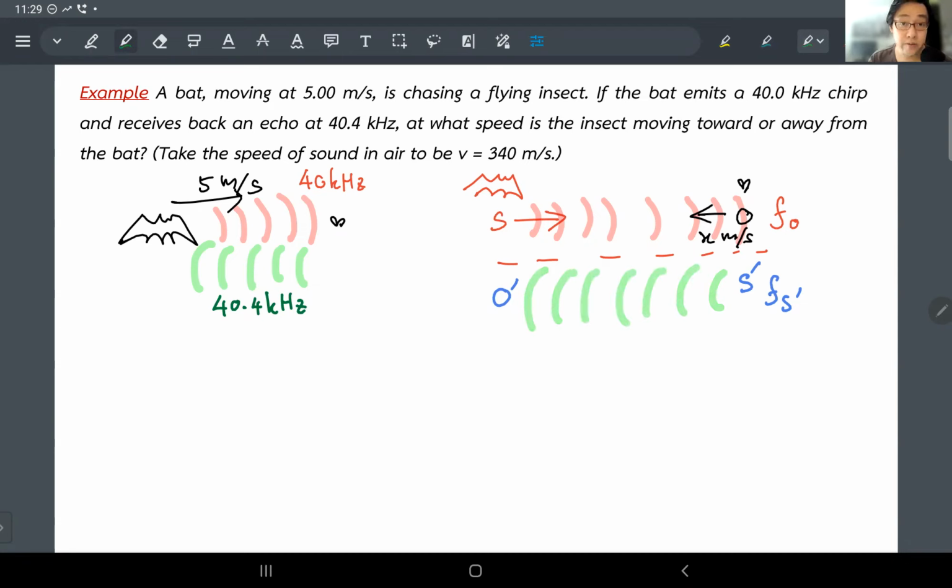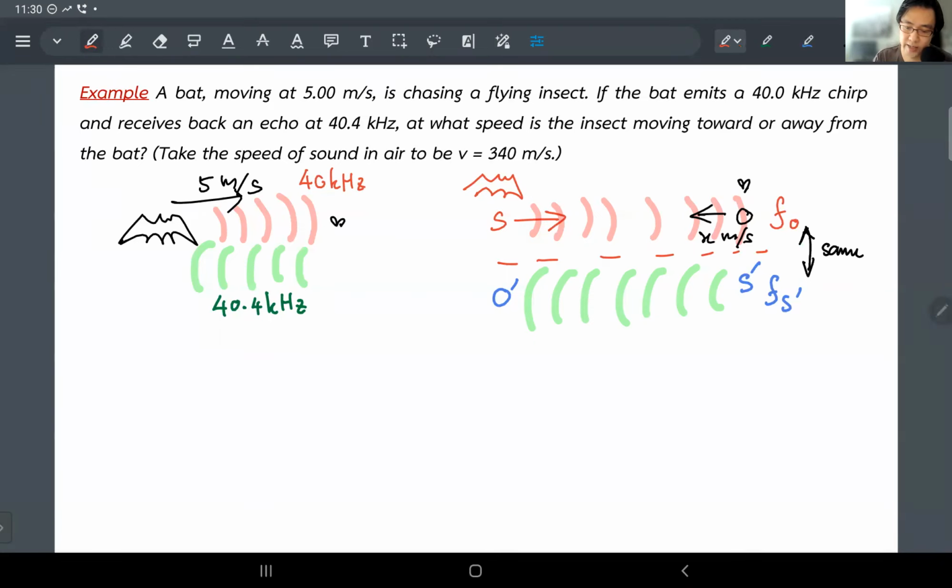So the bats will be the observer in the second half. The extra condition we have is that these two are exactly the same. Whatever the insect hears in the first half of this calculation will be used as the source for the second half. Cool? Okay. Let's go for it, guys.